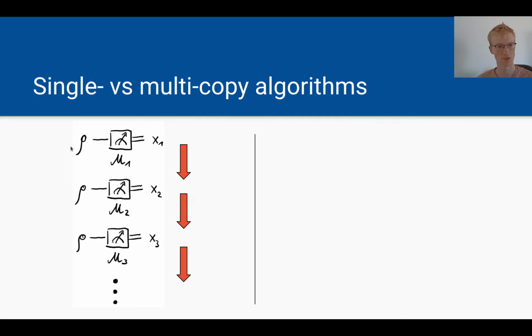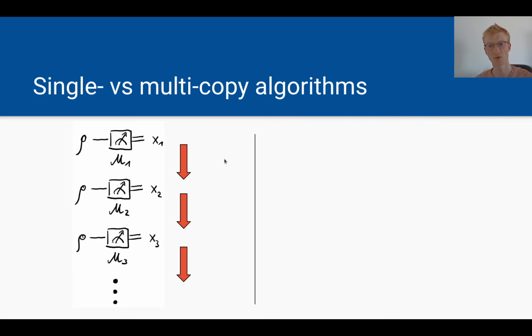It takes the first copy of the state to be tested and makes a measurement on it in order to obtain some outcome x1. Then, maybe after some post-processing, it decides on another measurement m2 and applies it to one new fresh copy in order to obtain a measurement outcome x2, and so on and so forth. Crucially here, the algorithm always operates on only a single copy at a time.